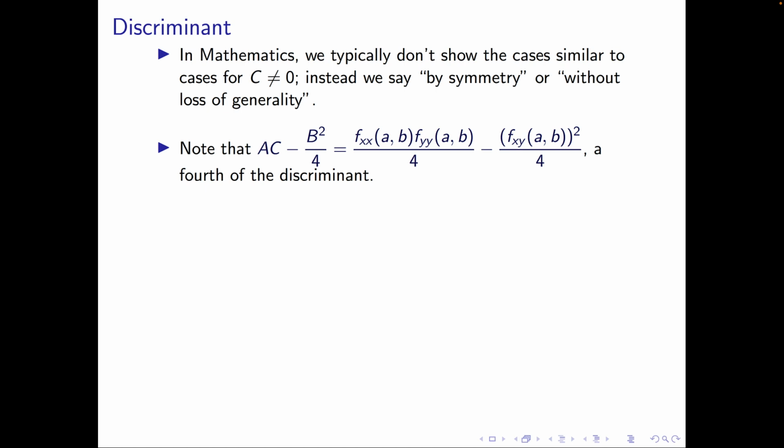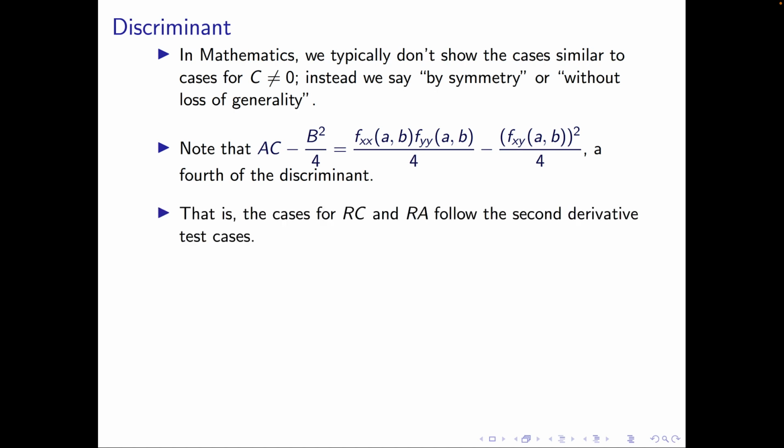One other thing I want to say is that r times A, which is going to be AC minus B squared over 4, is exactly a fourth of the discriminant. So when I was saying that r times A is bigger than 0, I was just saying 1/4 of the discriminant is bigger than 0. And when r times A is less than 0, 1/4 of the discriminant is less than 0. Similarly when it's equal to 0. So everything that we did was justified.